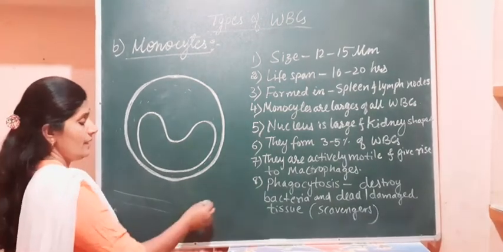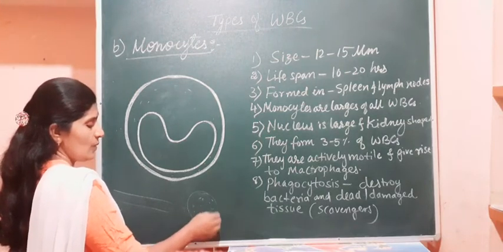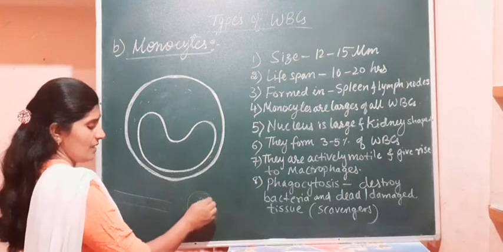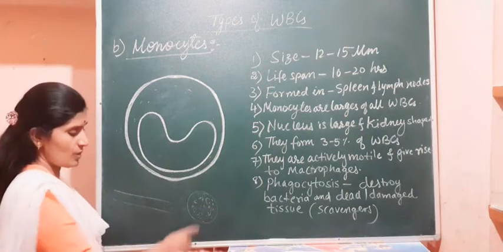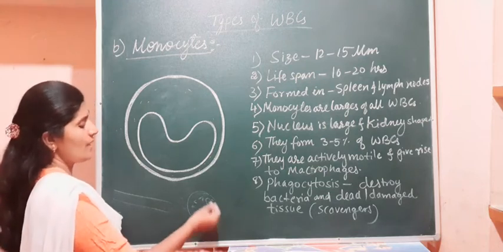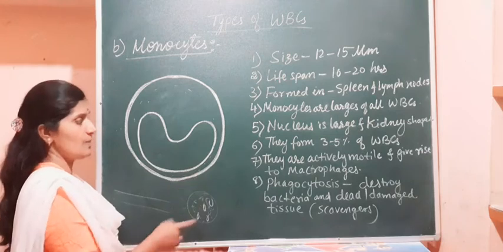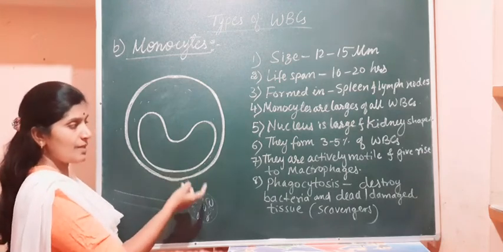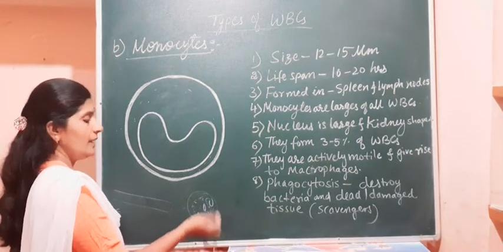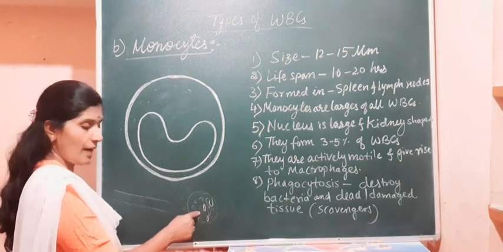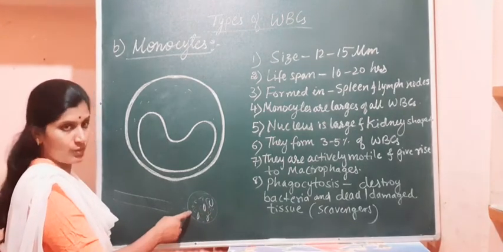If in an infected area the tissues have been damaged, or some bacteria are present, these monocytes convert into macrophages, and the macrophages engulf those bacteria as well as the dead or damaged tissues.